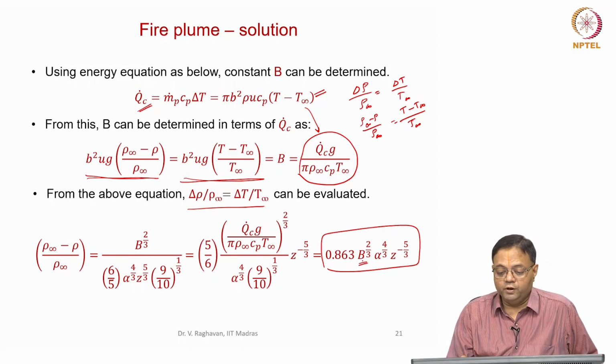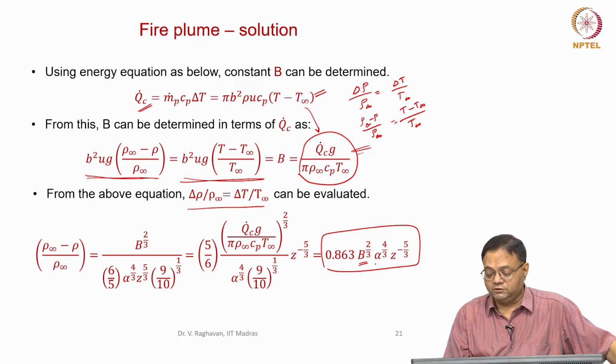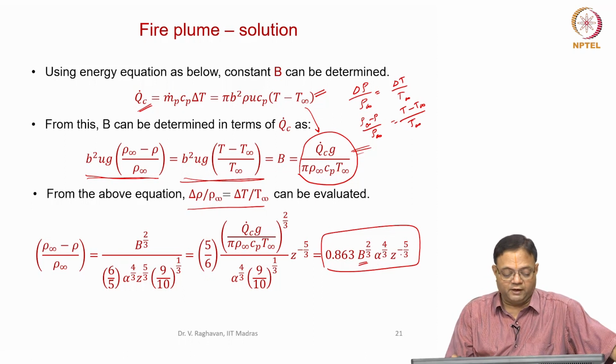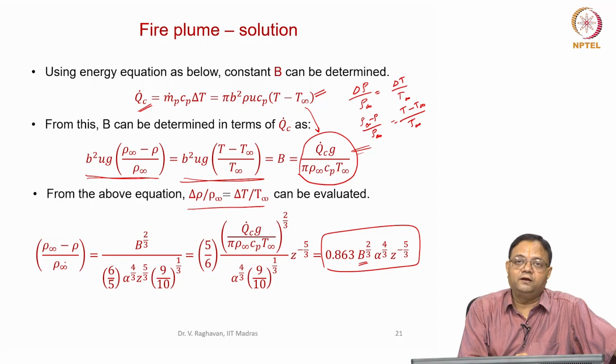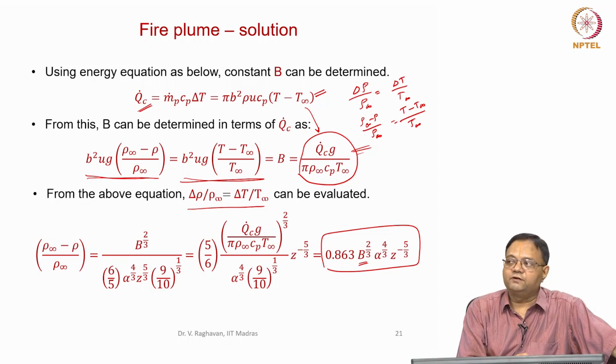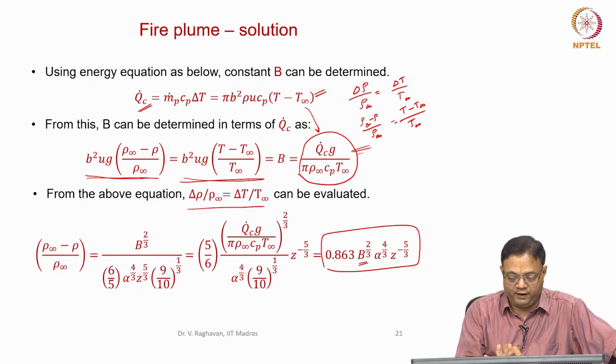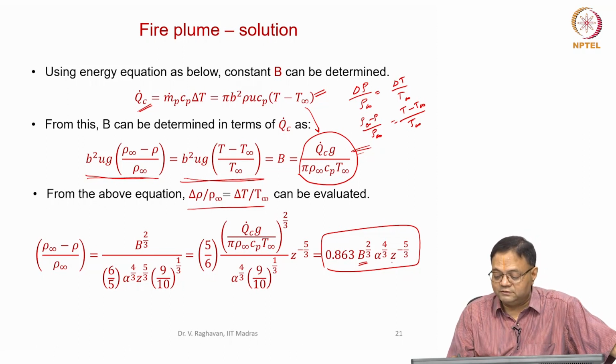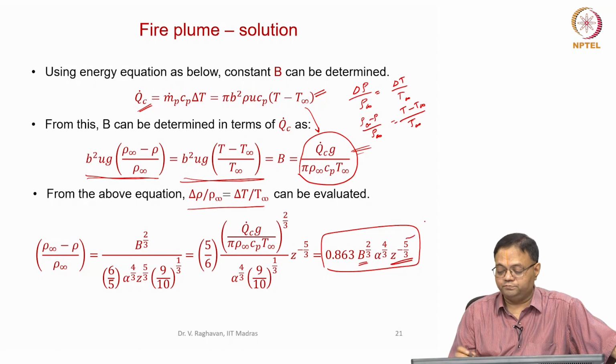B, where B is this value, please understand, power 2 by 3, alpha power minus 4 by 3. Now B is also a constant, alpha is also a constant, but again an empirical constant, and z power minus 5 by 3. That means the normalized density difference delta rho by rho or delta T by T infinity will vary as z power minus 5 by 3.